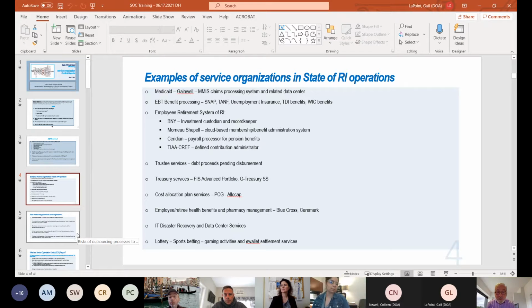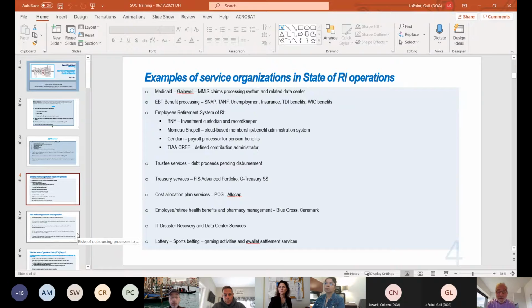Employee and retiree health benefits and pharmacy management through Blue Cross and Caremark. IT disaster recovery and data center services. The lottery, and those folks are joining us today too. The whole sports betting through your iPhone. The whole gaming activities and the e-wallet settlement services are all service organizations.